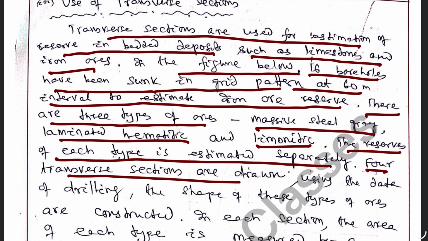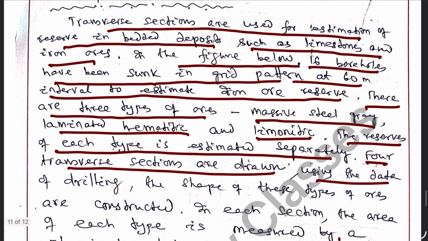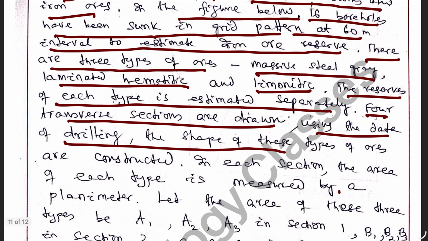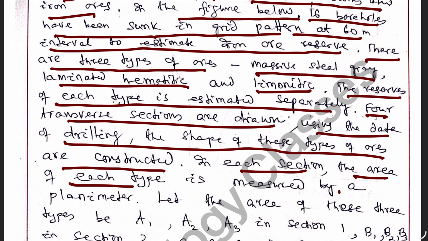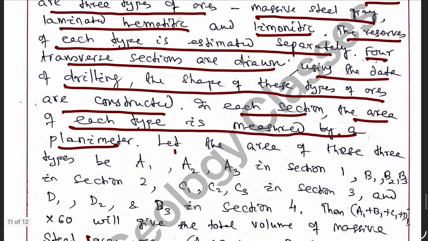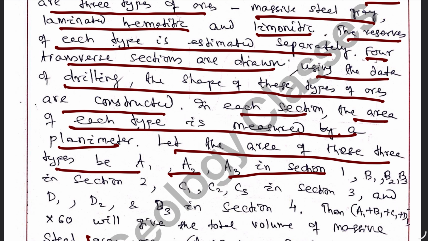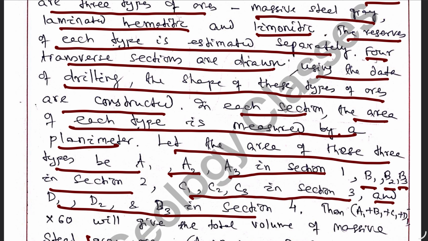4 transverse sections are drawn using the data of drilling, and the shapes of these types of ores are constructed. In each section, the area of each type is measured by a planimeter. Let the areas of these 3 types be A1, A2, A3 in section 1, B1, B2, B3 in section 2, C1, C2, C3 in section 3, and D1, D2, D3 in section 4.